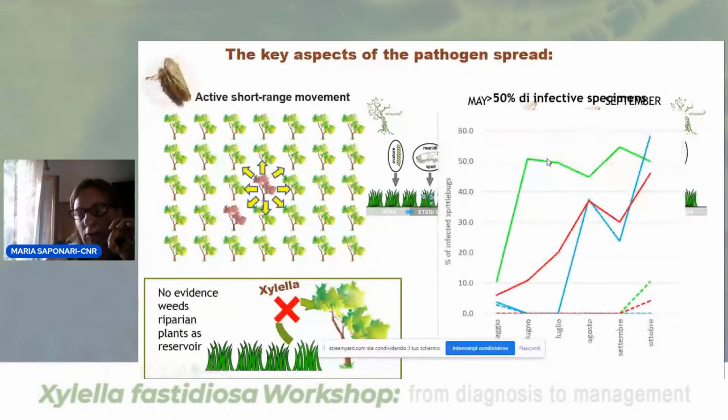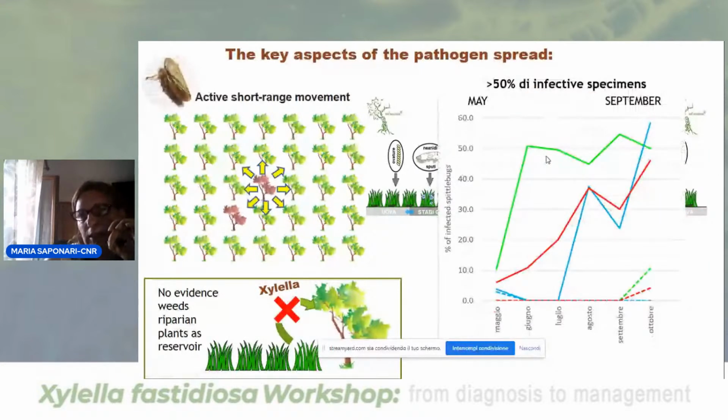And in fact, if we monitor the infectivity, the number of positive specimens during this period, we reach very high values, much higher than the 50% I reported here. In some cases, we have peaks of 80-90% of insects positive, which for a vector-borne disease is very, very high.